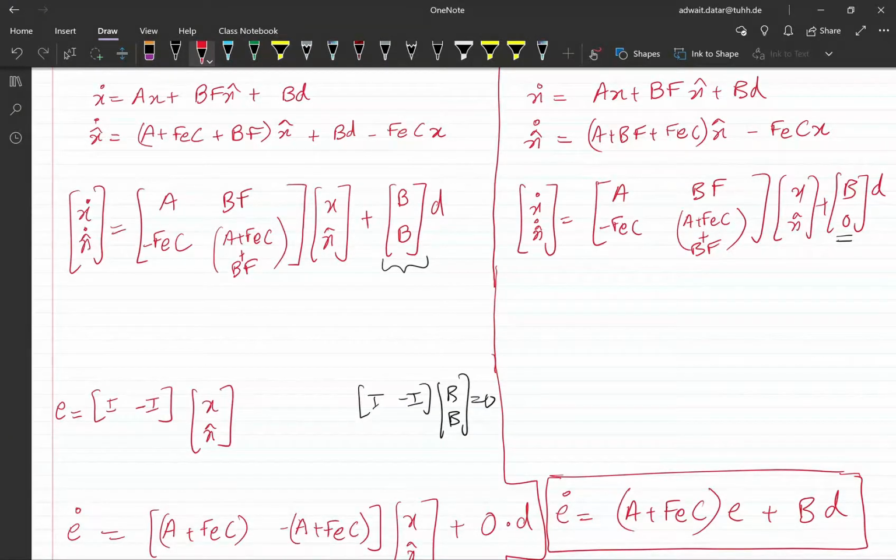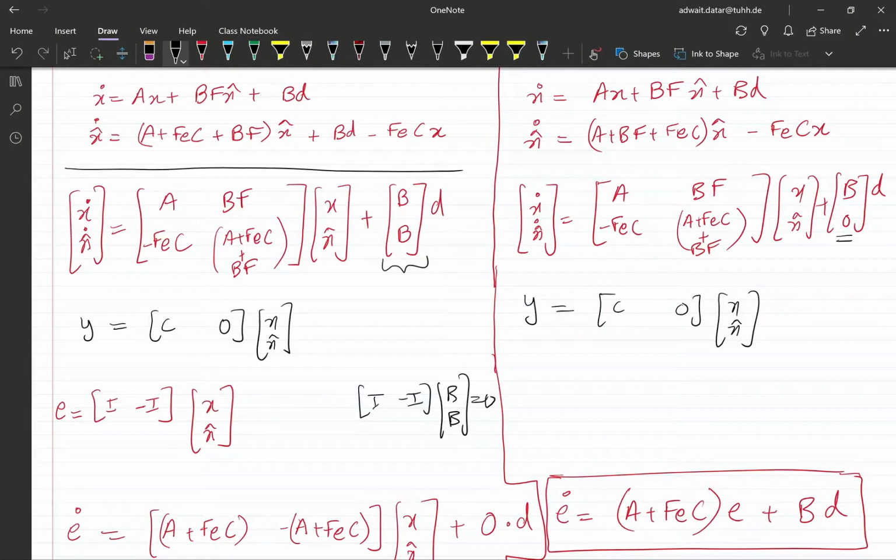So now in order to compute transfer functions, we can simply add the output equation to both these dynamics, which is nothing but C 0 times x hat, and the same here.